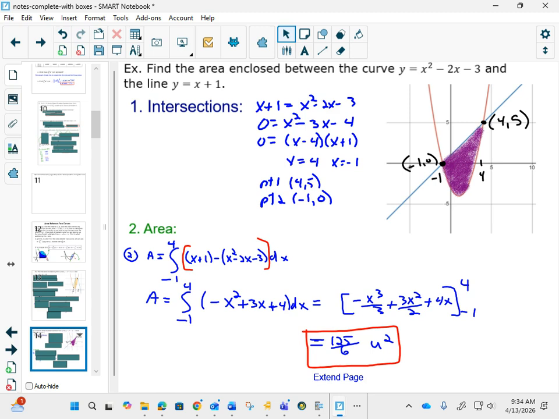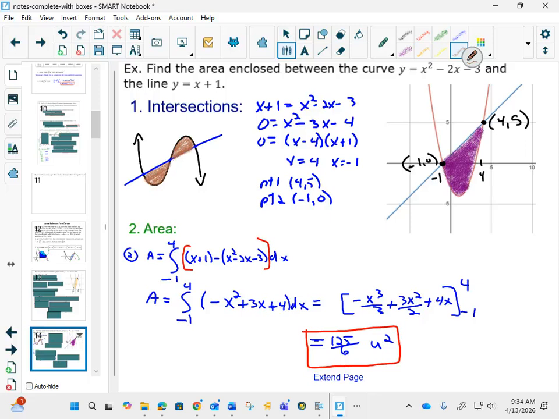The only place, and we're going to get to this later, that you're going to have to be careful: let's say I gave you an x cubed graph and a straight line, and it asked for the area in between the curves. Then you'd have to do those two areas separately, because the blue one is on top here, and the black one's on top there.